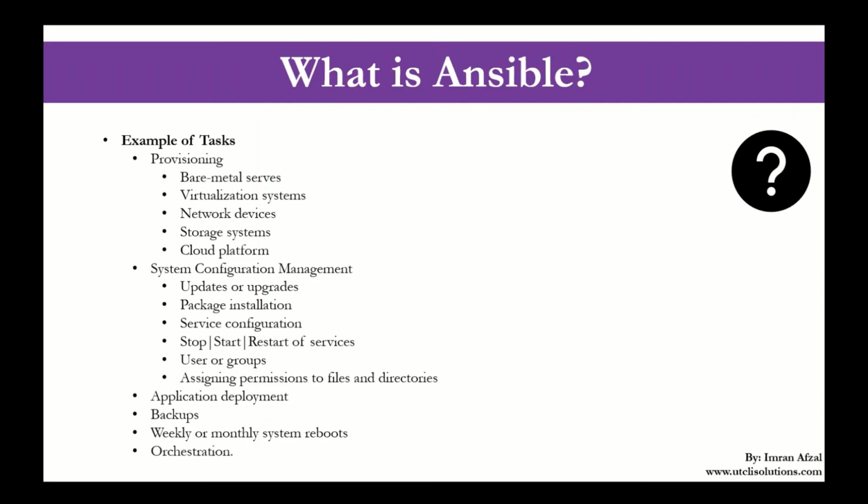Orchestration. What is orchestration? Orchestration is a way of automating your system step by step in a specific order. So let's take an example of e-commerce. In e-commerce, you have to have application setup, database setup, and web services.